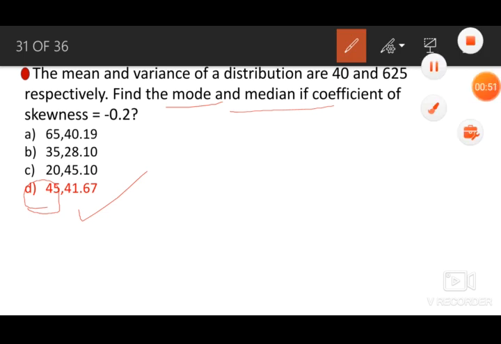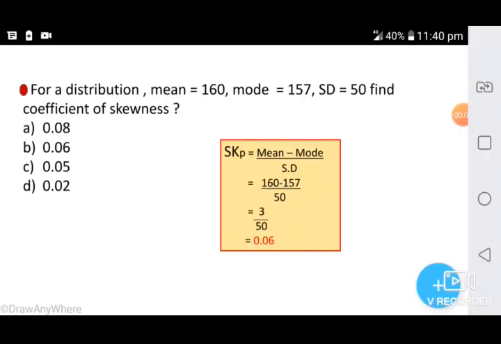Next question. For a distribution, mean equals 160, mode equals 157, and standard deviation equals 50. Find the coefficient of skewness. Option A 0.08, option B 0.06, option C 0.05, option D 0.02.